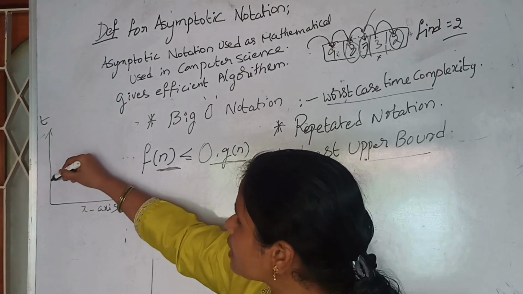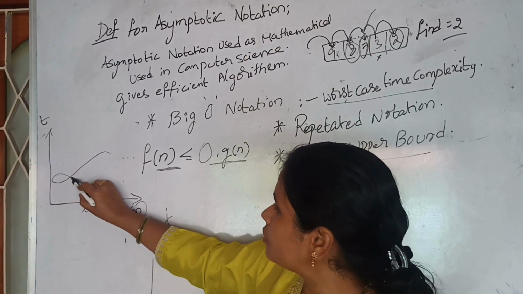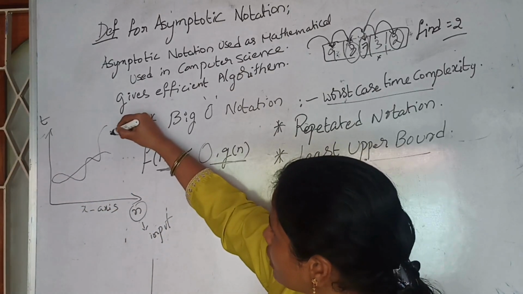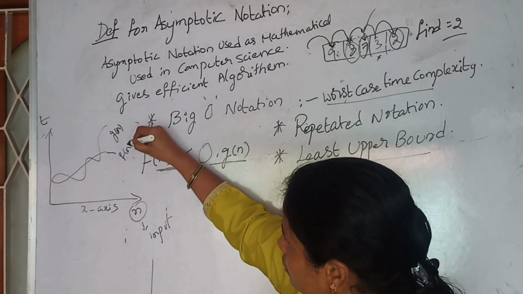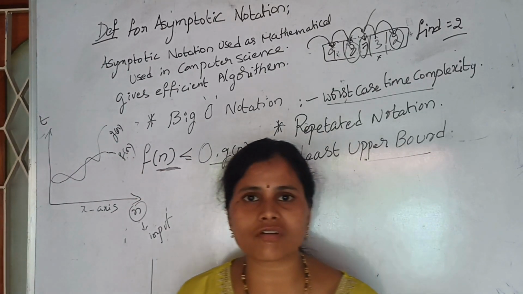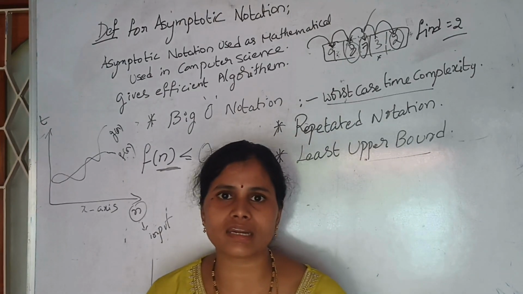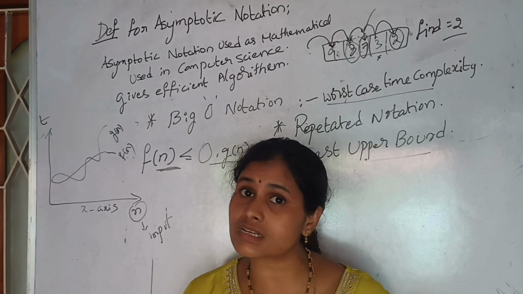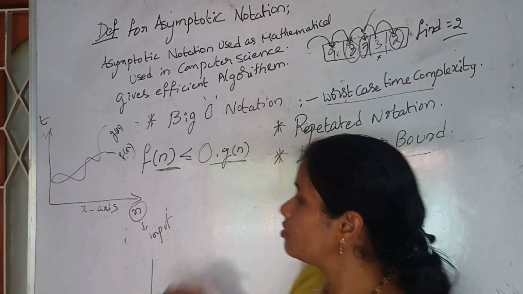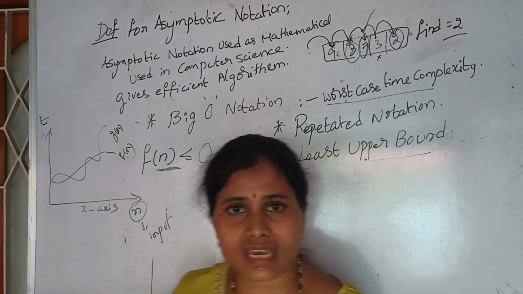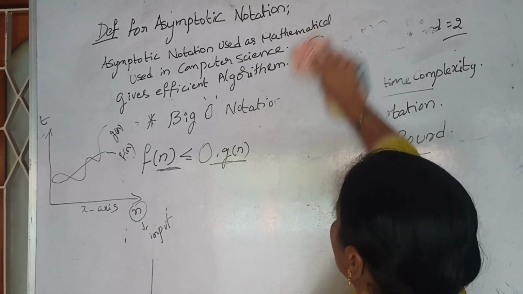So I am taking f of n and one more value, g of n. This is g of n, this is f of n. This is the graphical representation of big O notation. Now I am going to show you how we can find time complexity by using worst case time complexity in big O notation. Let me take the function once again so that you will come to know. So here I am writing the function.